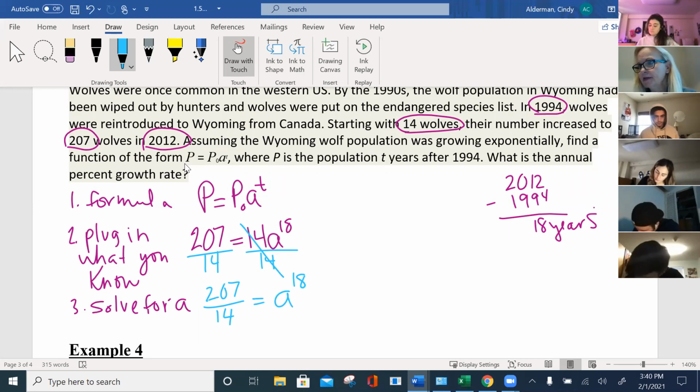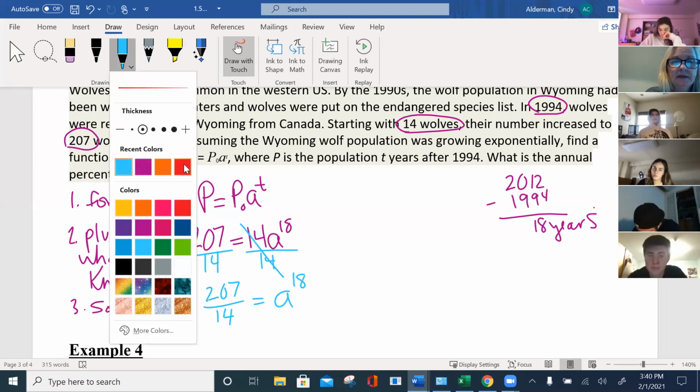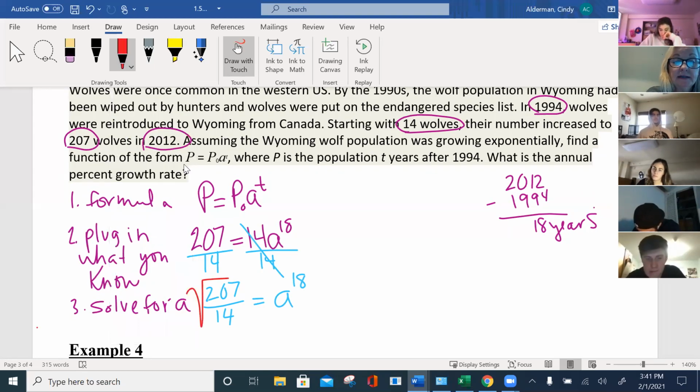And we know we're going to put this in a calculator, so there's no reason for us to figure out what 207 over 14 is, because we're going to get decimals here. So instead, you're just going to save yourself some time. Use a calculator to take the 18th root of both sides. So let's see.